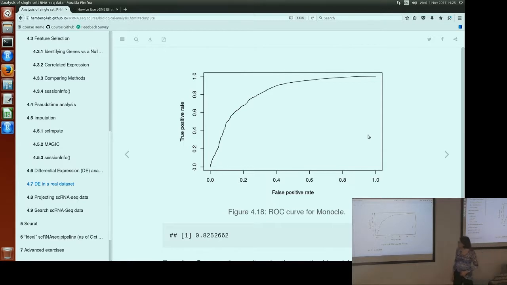So here's our AUC curve, our ROC curve. Again, we get an overall AUC of 0.83 or 0.825. So even though this is now a model specifically tailored for single-cell RNA-seq, it's not outperforming the bulk methods.